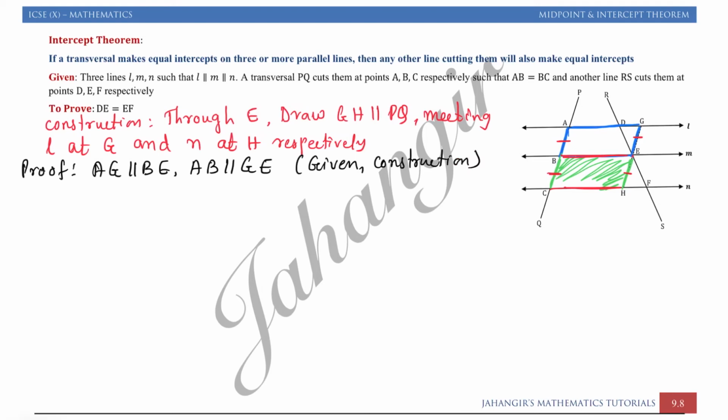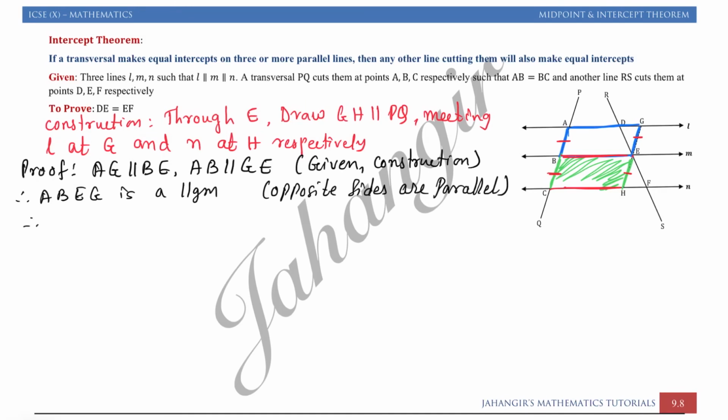Opposite sides are parallel, so therefore ABEG is a parallelogram, because opposite sides are parallel. If opposite sides are parallel, then they are also equal because it's a parallelogram. So we can say AB is equal to GE. This you can write as the first result.